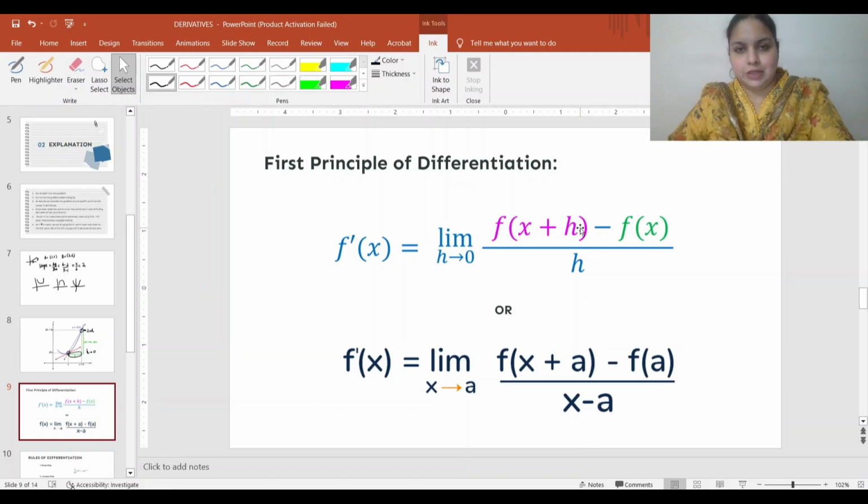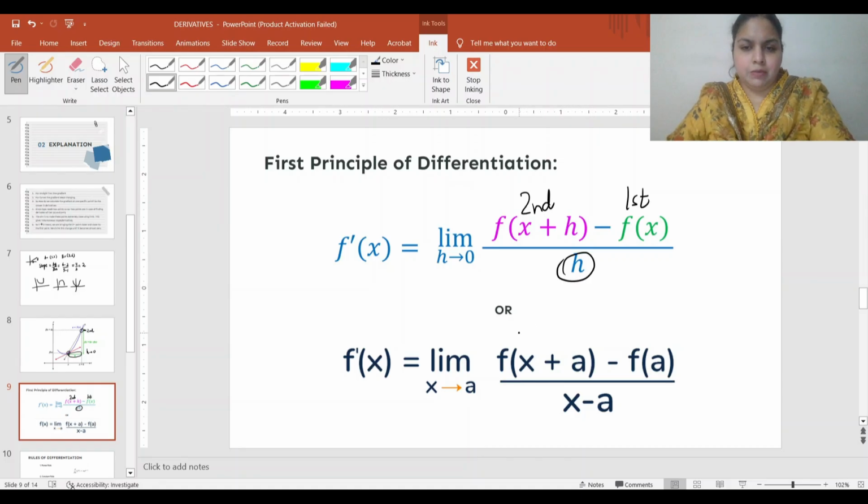The second point was x plus h, the first point was x. So f(x plus h) minus f(x). In this way, you get this. This was the second point, this was the first point, and this was the distance between them.